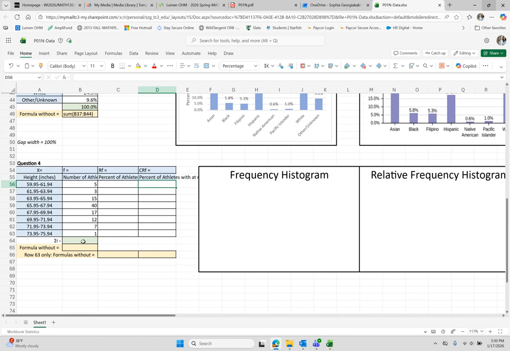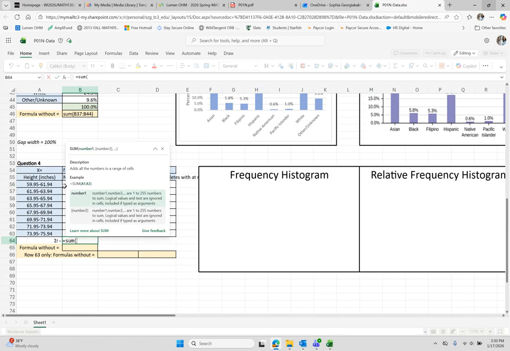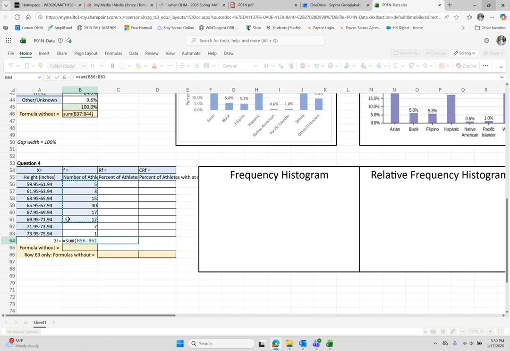We want to add here, so equal the sum of, and the array starts in cell B56 and ends in cell B63. I just dragged my cursor over this group. The formula was the sum of B56 colon B63.